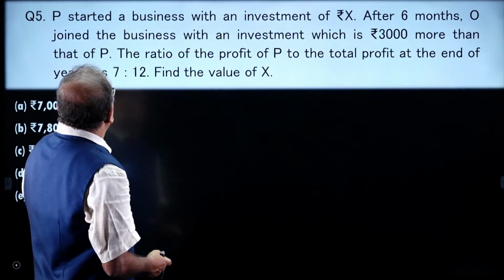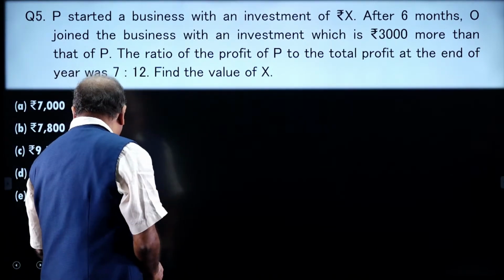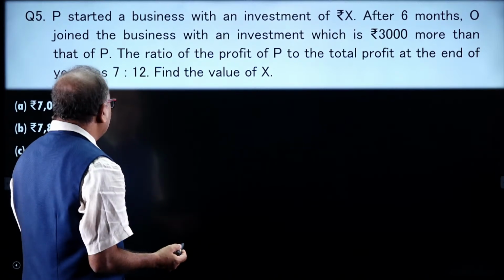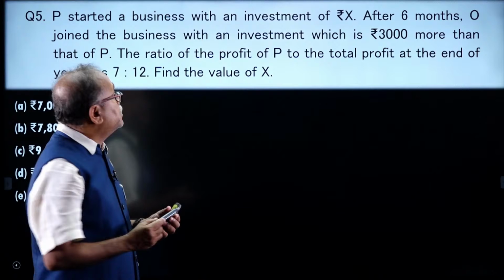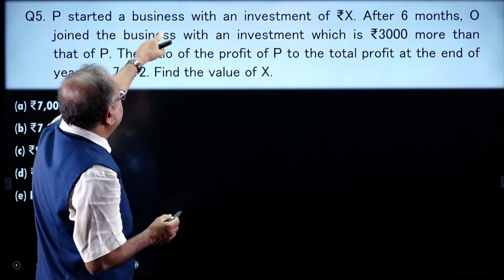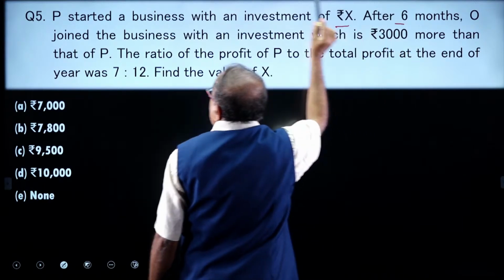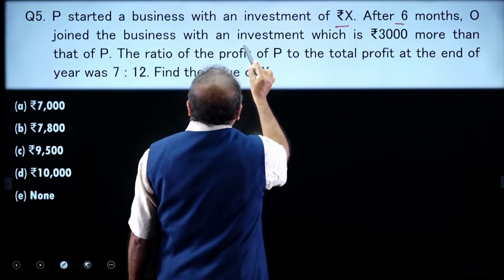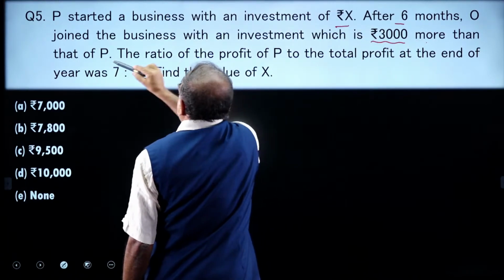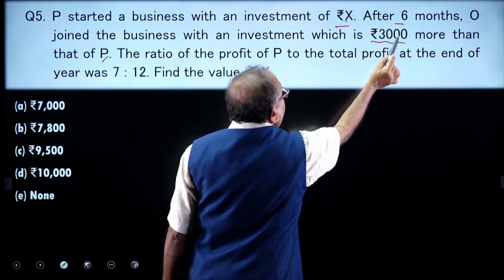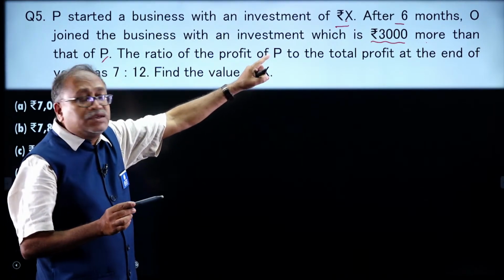The next question on your board is question number 5. Even if you know this part, consider it as a revision class. P started the business with an investment of rupees X, and after 6 months, Q joined with an investment which is 3,000 more than P. That means X plus 3,000 is the investment of Q, and he joins after 6 months.